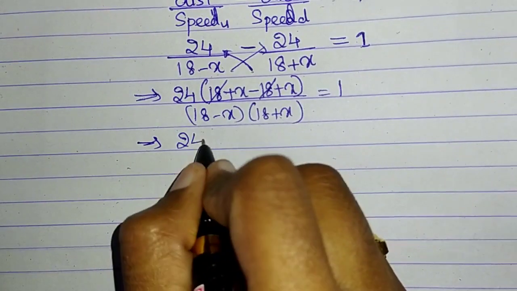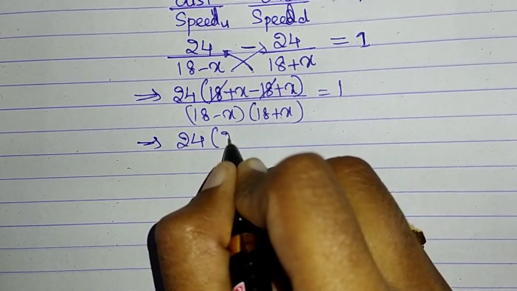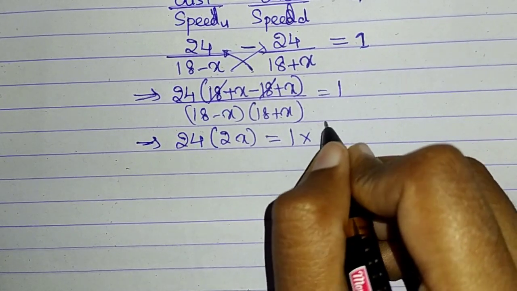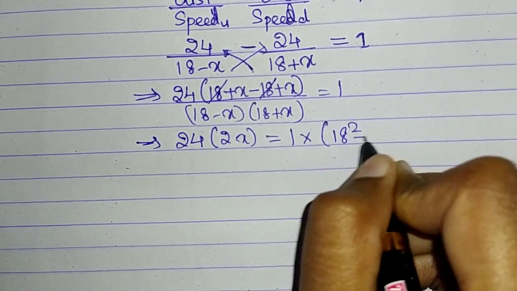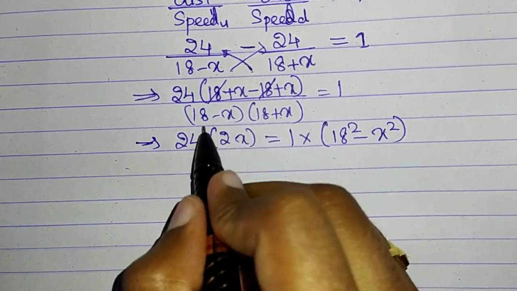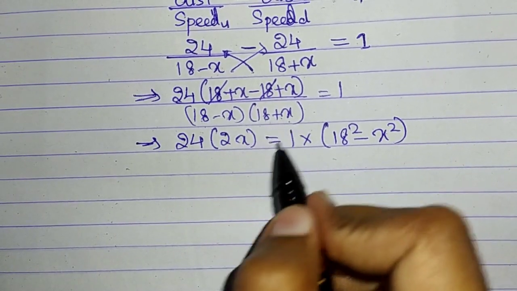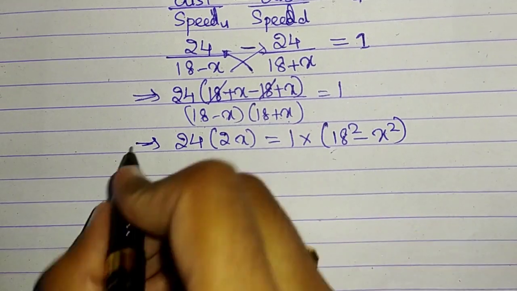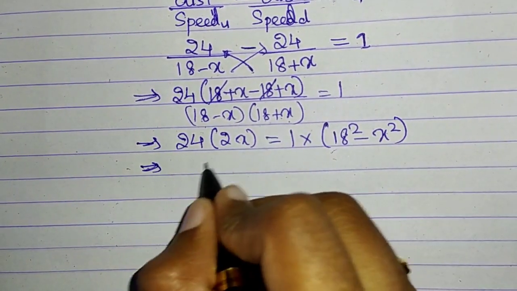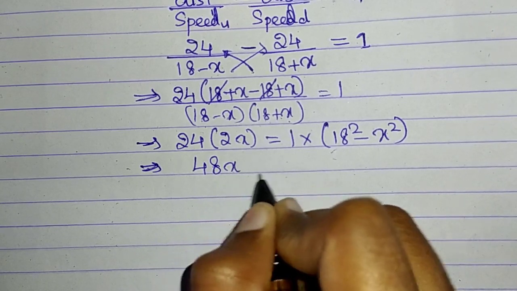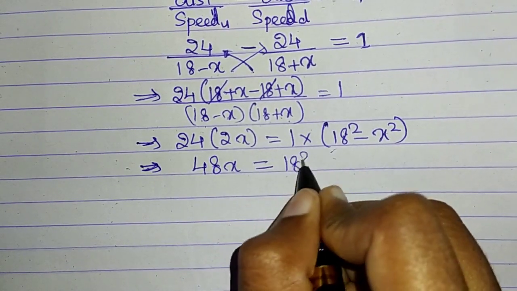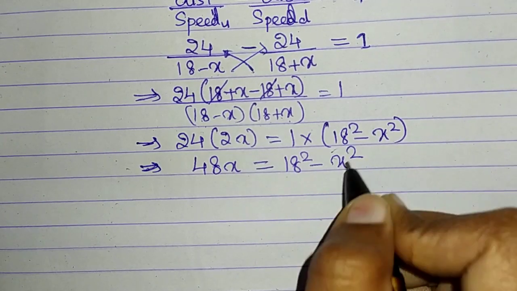We have 24 into 2x is equal to 1 into 18 square minus x square, because here you can see (a minus b) into (a plus b) is always equal to a square minus b square. So here we get 24 into 2, 48x is equal to 1 into 18 square minus x square.